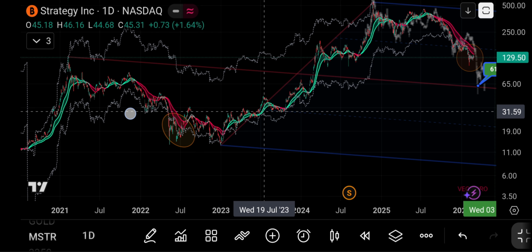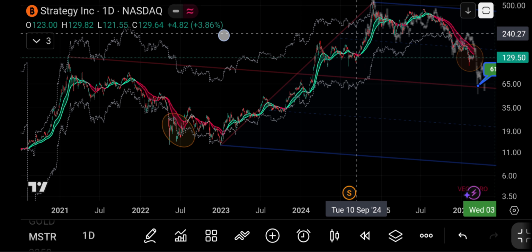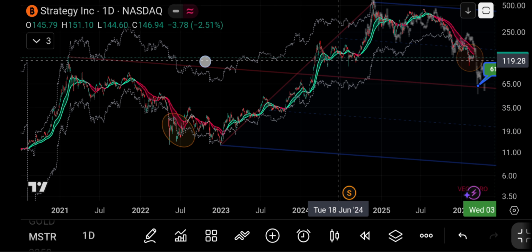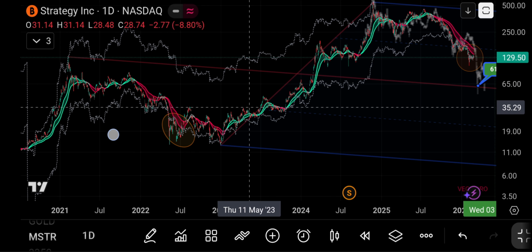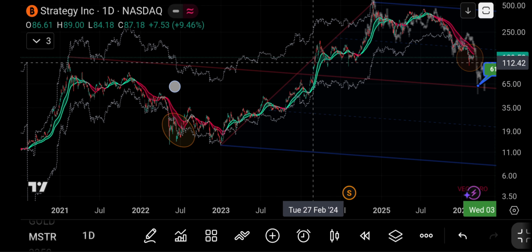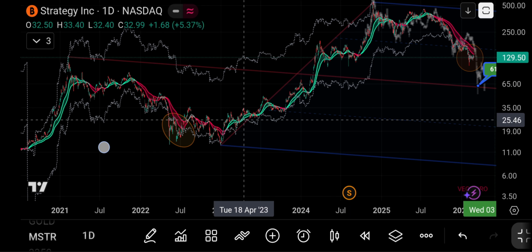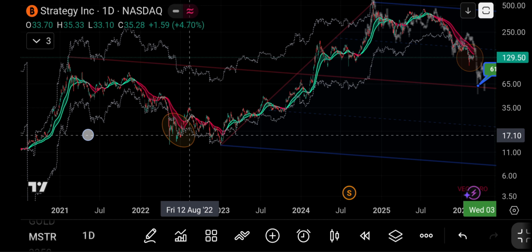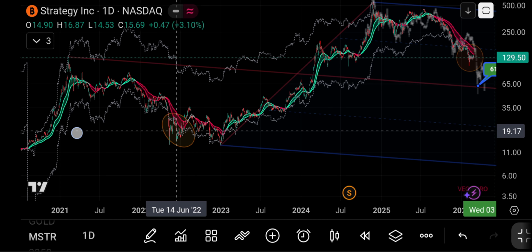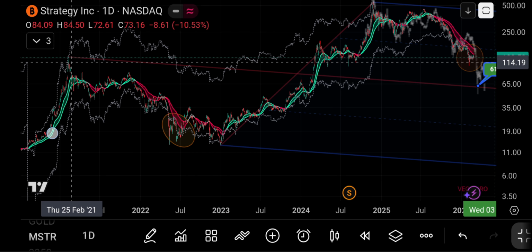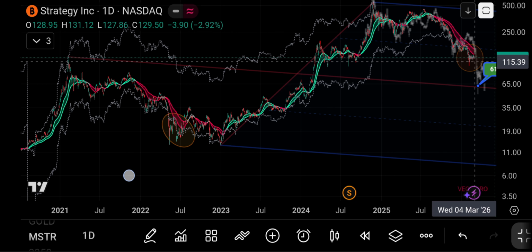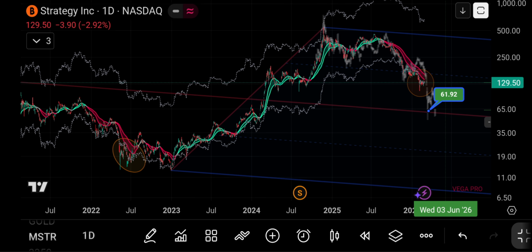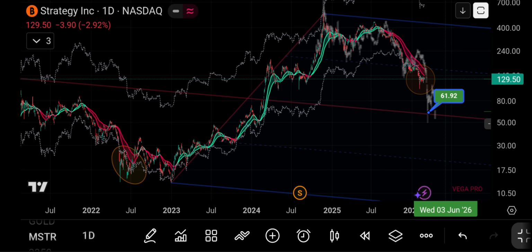Any analysis in the middle of the price movement of the M-NAV in the upward trend is irrelevant, because basically the extremes are the ones that matter, the 5x M-NAV and below 1x M-NAV. The extremes are the ones that matter.